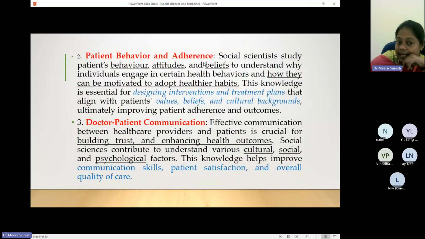While we study social science, we understand why certain populations experience higher rates of disease. Then there are patients' behavior and adherence, their attitudes, their beliefs, and how they can be motivated to adopt healthier habits. This is essential for designing interventions and treatment plans. When we know what cultural practice a particular group of people follow, only then can we try to motivate them. Take weaning practice: some cultures may have a different style of weaning.